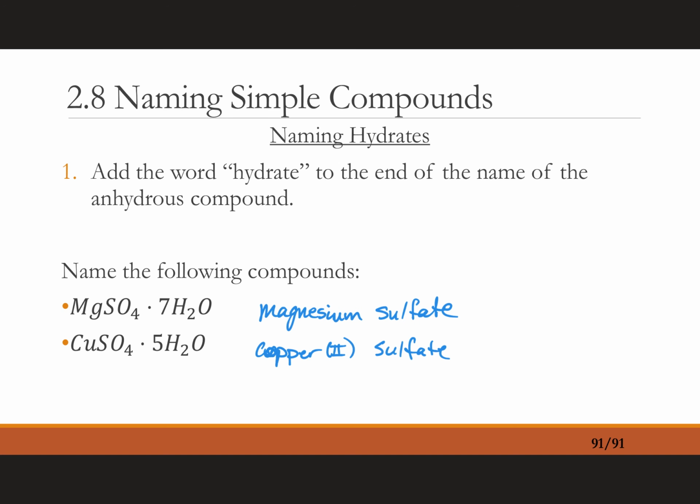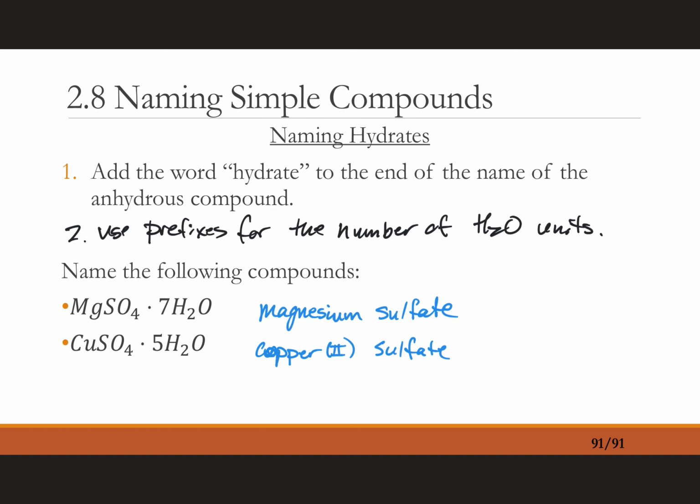And I probably should put another rule in here that you use prefixes for the number of H2O units or molecules that are attached. So MgSO4 7H2O is really magnesium sulfate heptahydrate. That is its full name.